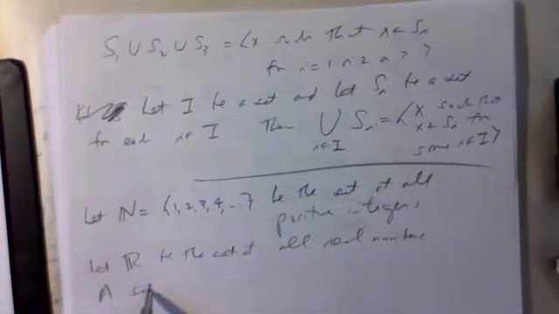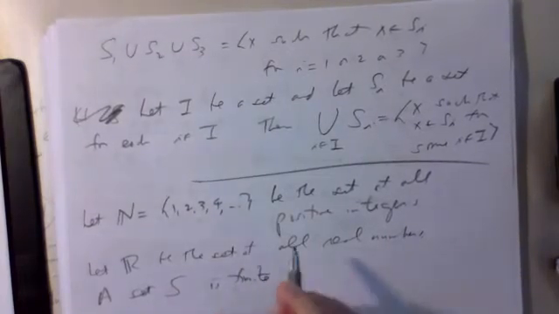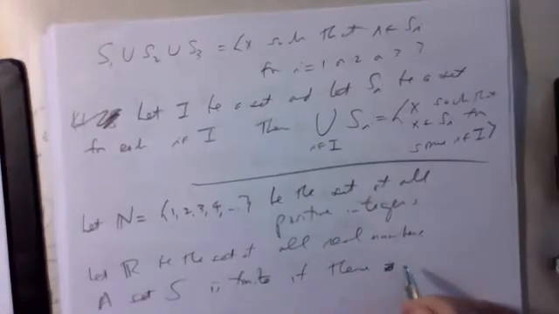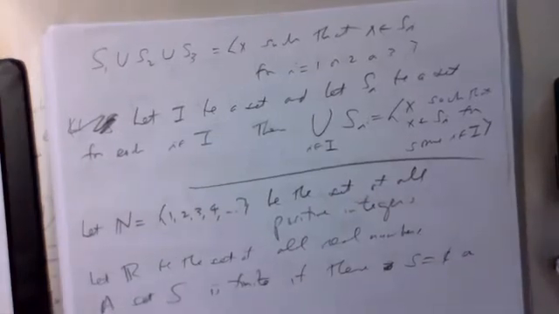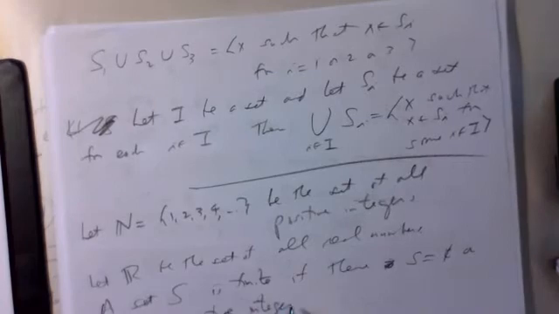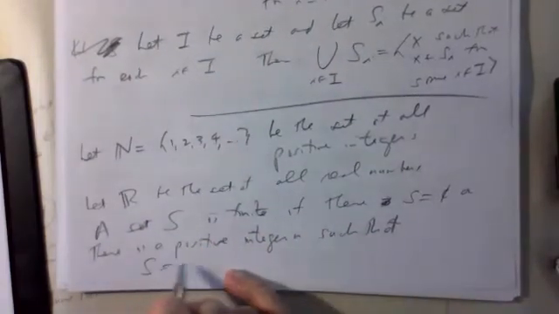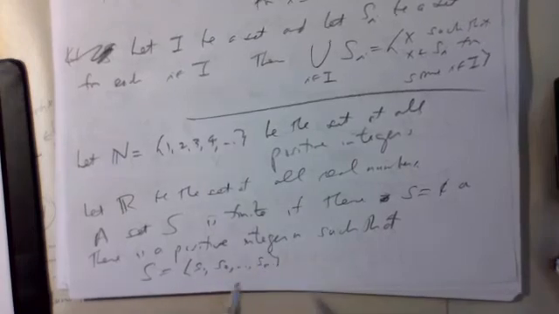So a set S is finite if, well, it could be the empty set, that's finite, or there is a positive integer n such that we can enumerate the elements of S. S is equal to some elements S1, S2, up to S sub n.